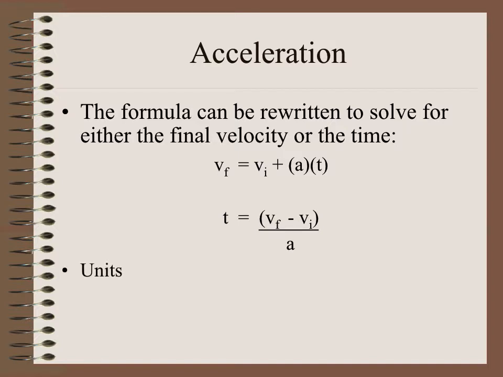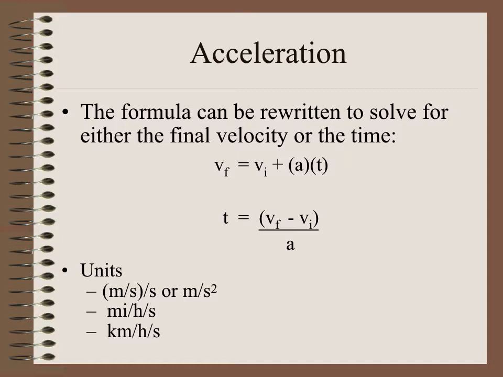For the units, since we are taking something like meters per second and dividing by a time, seconds, we get meters per second per second, or meters per second squared. The seconds don't cancel. They actually combine. So as a shorthand way of writing that, we put seconds squared. This is also one of the few times that it's okay to mix time units.